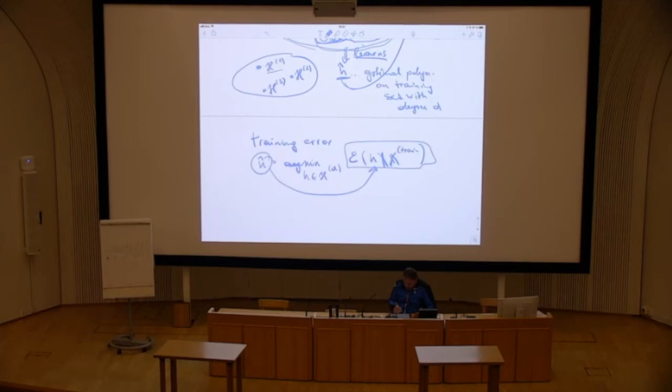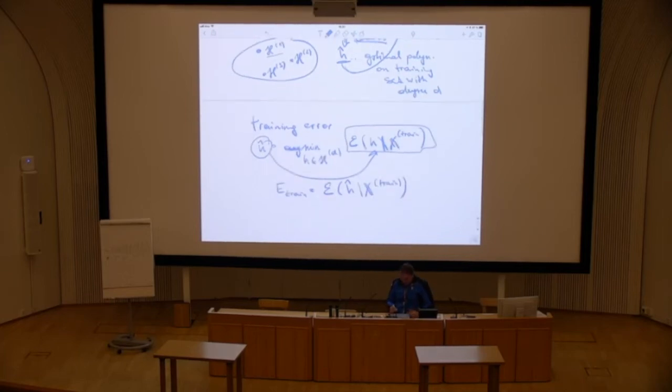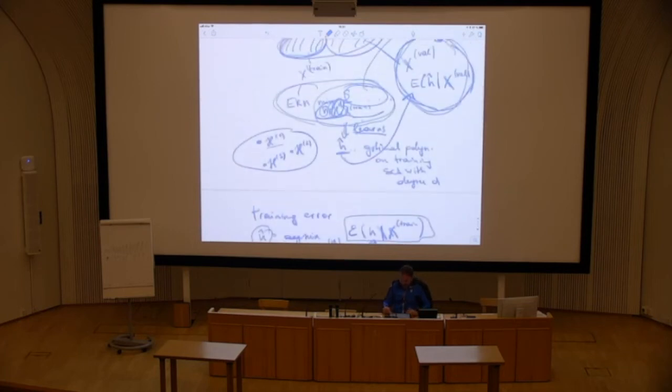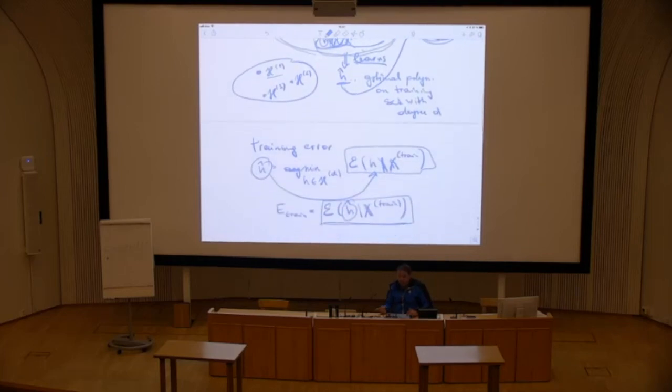It's also interesting to look at the training error. Let's denote it E-train, the training error evaluated for the optimal predictor on the training set. Already this formulation hints that this is an optimistic error measure, because we exactly tuned this predictor to make this quantity small. And we expect that the validation error is typically larger.